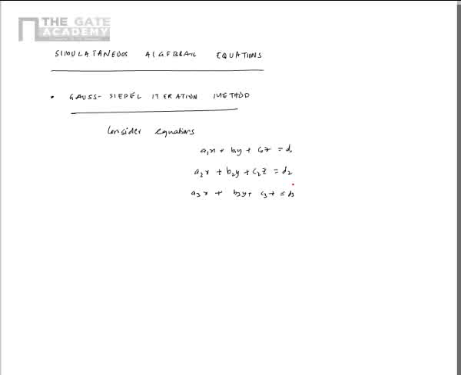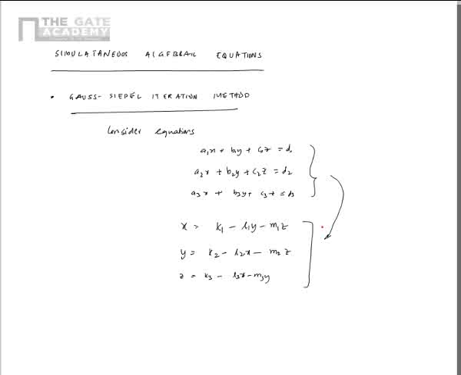Now I can rearrange the first equation by dividing by a1, so that d1 by a1 is k1, b1 by a1 is l1, and c1 by a1 is m1. Similarly, the second equation I can rearrange in this form. Each of these equations is just rearranged to give this form.